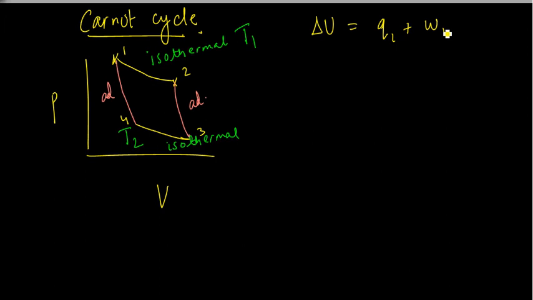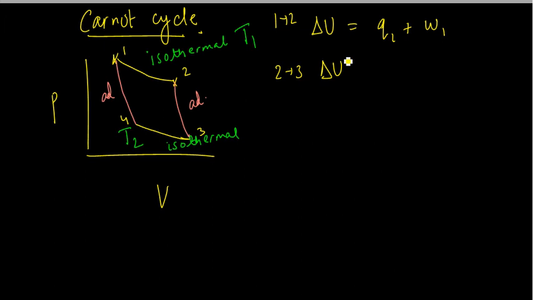Let me just write path 1 to 2 somewhere. Then path 2 to 3 is an adiabatic path, right? So Q is 0.